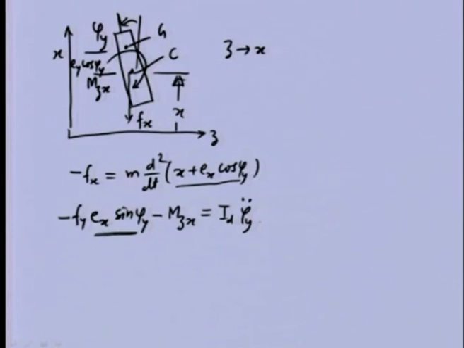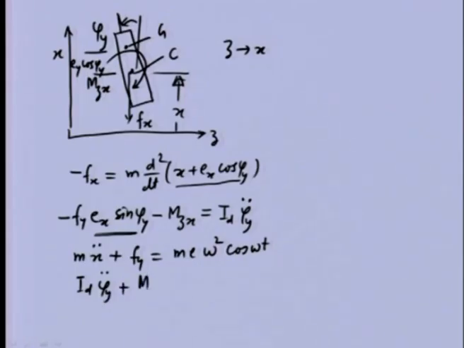These two equations we can now simplify, and we can write the first equation as m x double dot plus f y is equal to m e omega square cos omega t, and the second moment equation can be written as I phi double dot y plus m z x plus E phi y f x cos omega t is equal to 0.